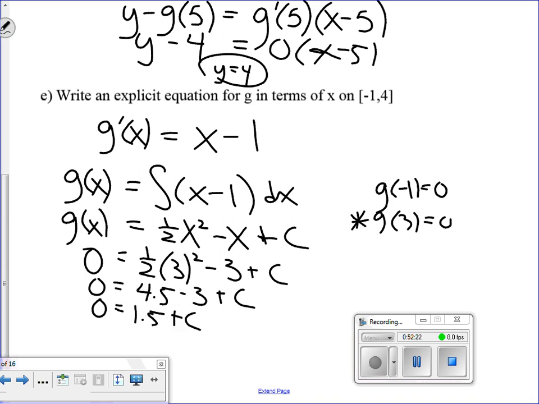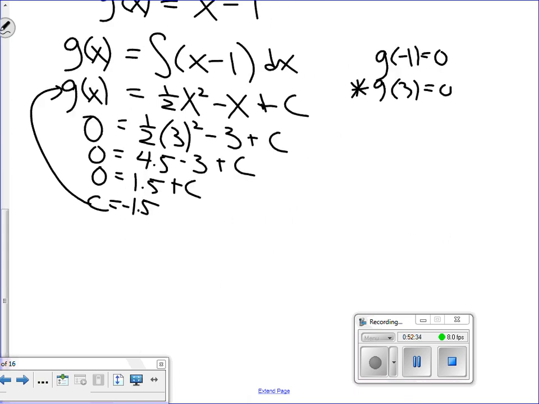So that means that c is equal to -1.5. So now we can fill in that value, go back up to g, right? Fill in that value, and we have our equation for g of x. So g of x, the function we can't see on that part anyway, its equation is 1/2 x squared minus x. You can write either -3/2 or -1.5.